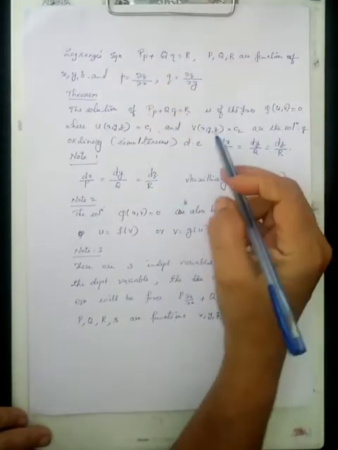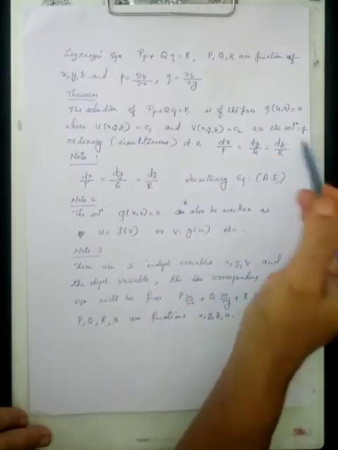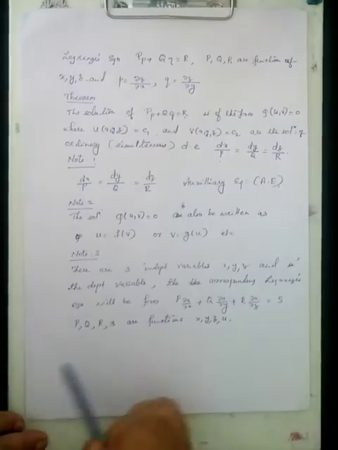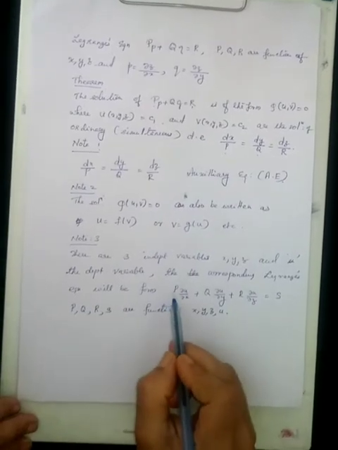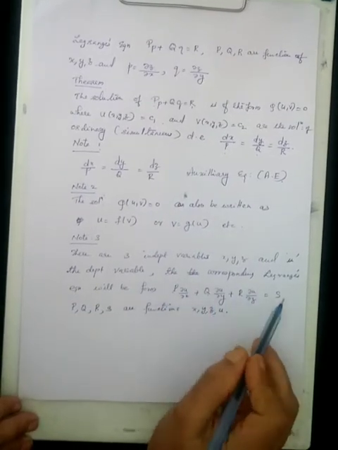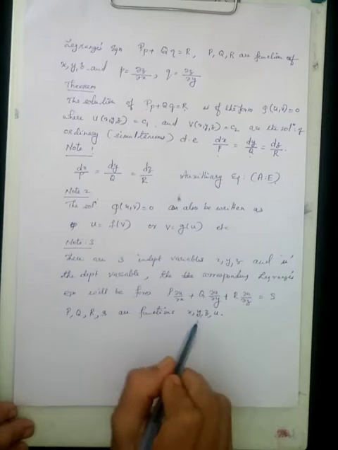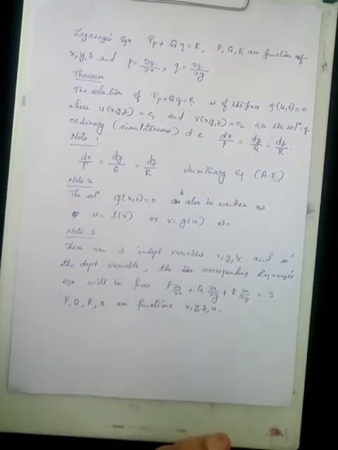But in the first case, P, Q, R are functions of x, y, and z. Here, if there are 3 independent variables, the coefficients P, Q, R, and S are always functions of x, y, z, and u.